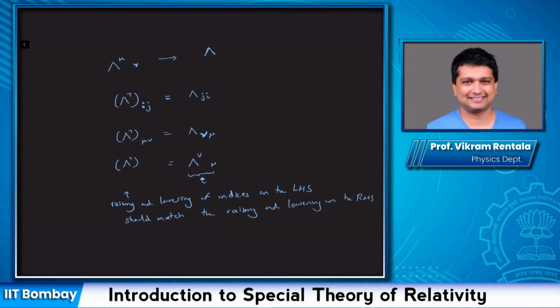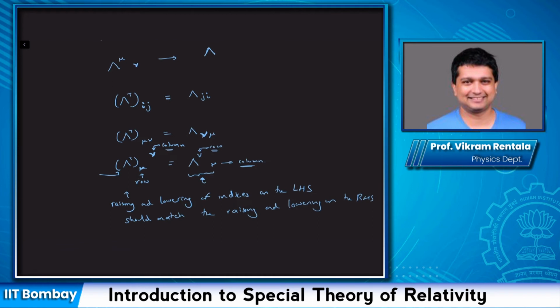So if we do this, what we would need is to keep the index mu lowered but raise the index nu. Okay, so this would be an upper index and this would be a lower index. However, on the left hand side of this equation, mu is actually a row index for lambda transpose and nu is a column index, whereas on the right hand side, nu is a row index and mu is a column index.